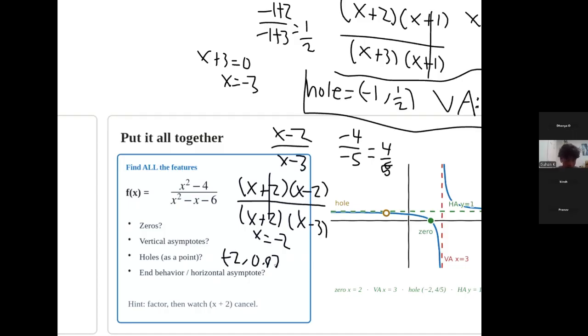So all we have left now is x minus 2 over x minus 3. And we have to look at what makes the top 0. That's going to give us our zero. So x minus 2 equals 0 when x equals 2. So our zero is going to be at x equals 2. Then our vertical asymptote is what makes the bottom 0, which is x minus 3.